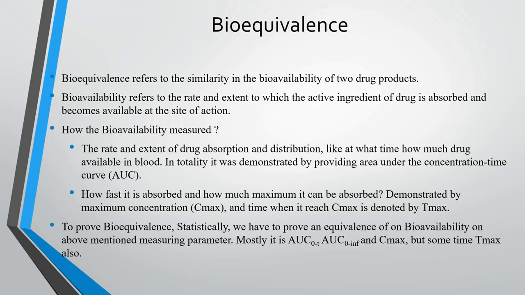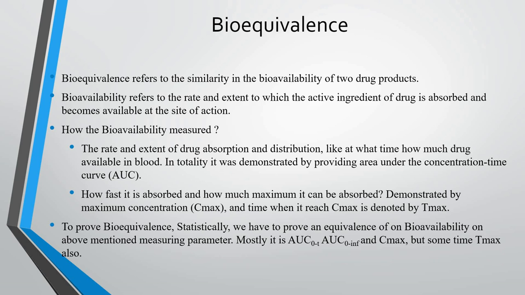So to prove bioequivalence statistically, we have to prove equivalence on bioavailability on the above mentioned measuring parameters, mostly AUC t, where t means up to time t at which you measure the concentration. And then there is AUC 0 to infinity.